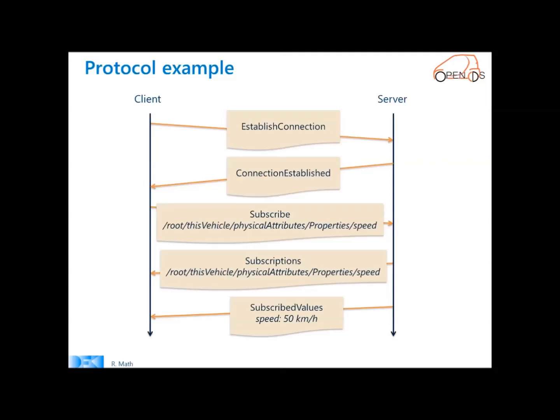This is a simple example where we only subscribe to the speed of the car. You see this route, this vehicle physical attribute property speed. That's how you address the values. I will show you this in a minute, how it works.